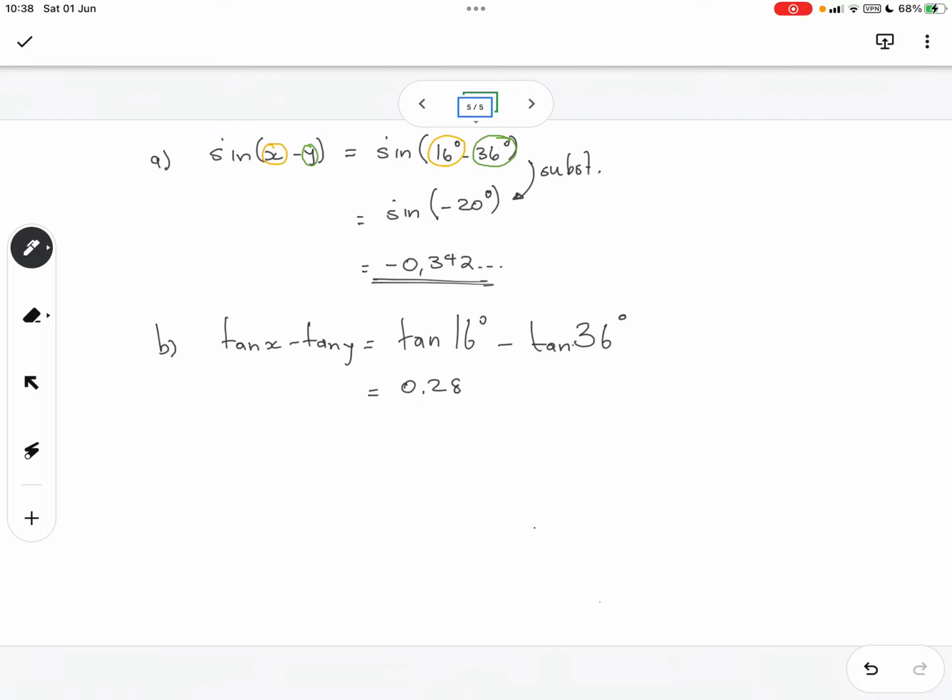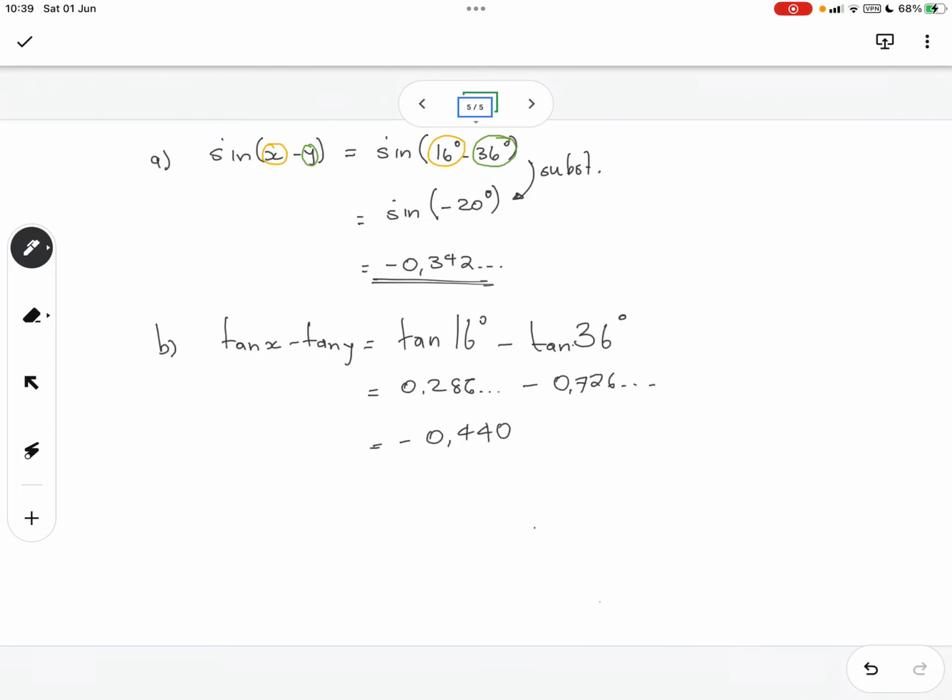So it's 0.286 minus tan 36, which is 0.726, and this answer is negative 0.440.